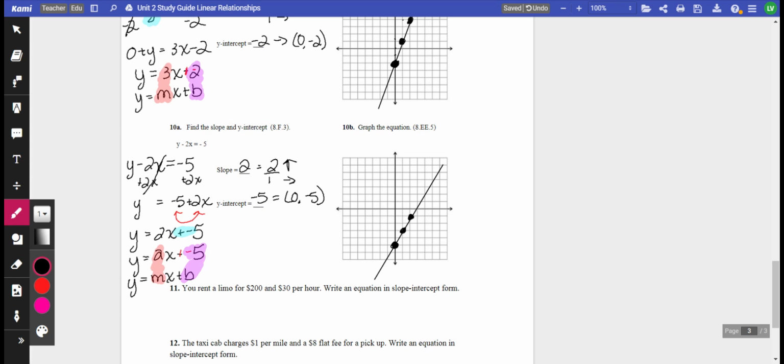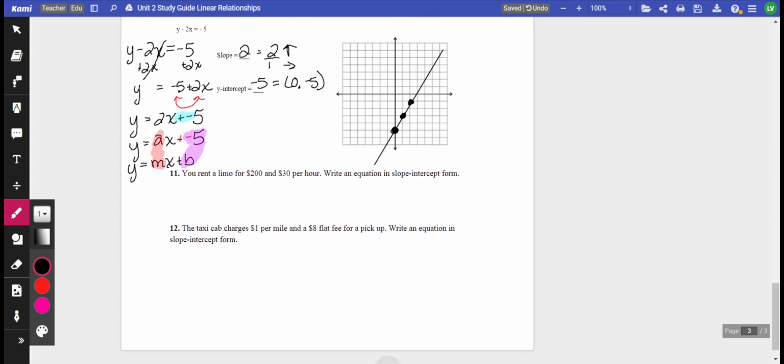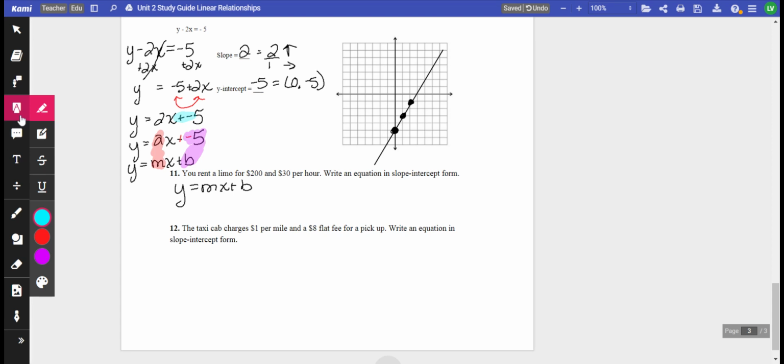All right, number 11. You rent a limo for $200 and $30 per hour. Write an equation in slope-intercept form. y equals mx plus b. We had to figure out what our m value is and what our b value is. Our m value, our slope, is a rate of change.